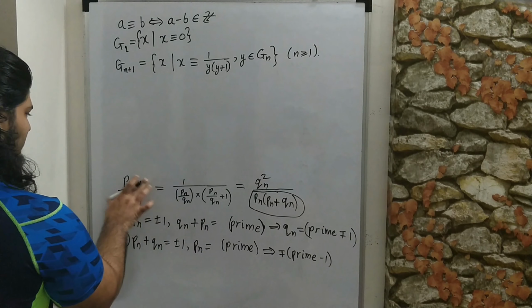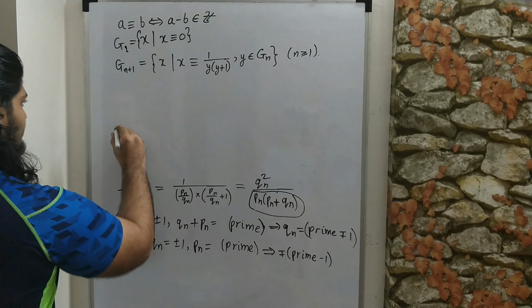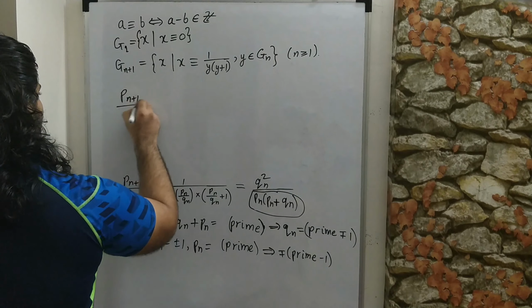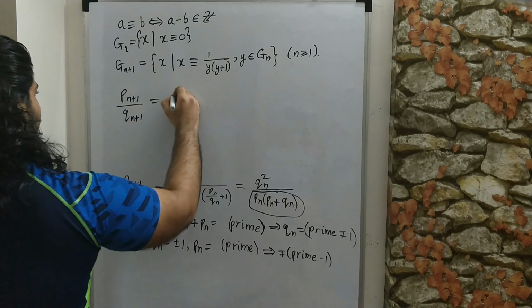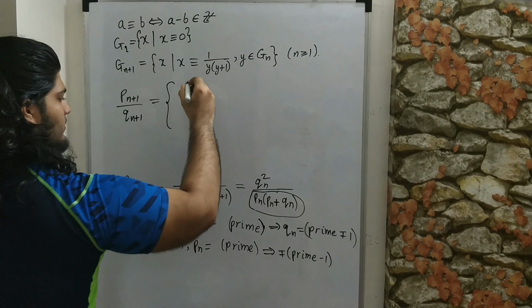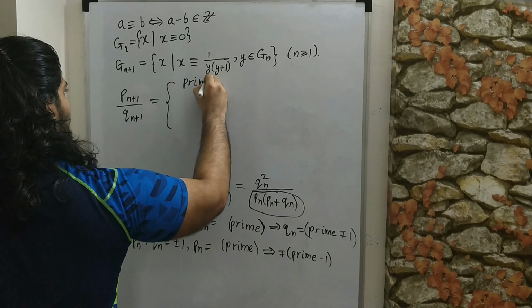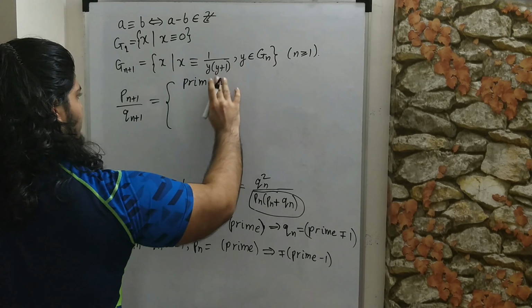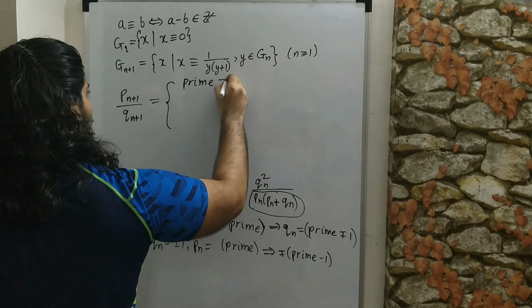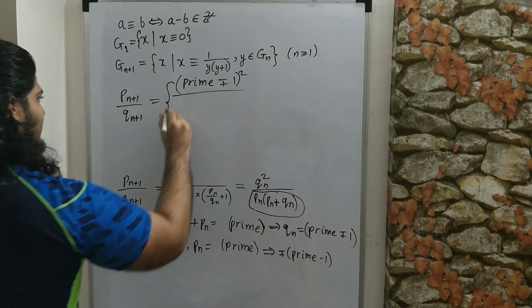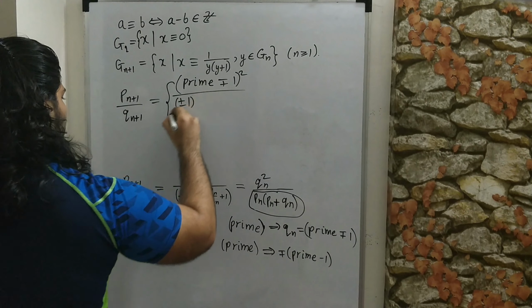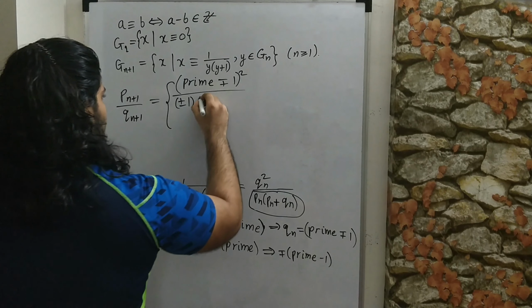So if we use this fact, then we have that p_{n+1} over q_{n+1} is equal to, in the first case, (prime plus or minus 1, whatever) squared all over p_n, so plus minus 1 times q_n plus p_n, so that's prime.